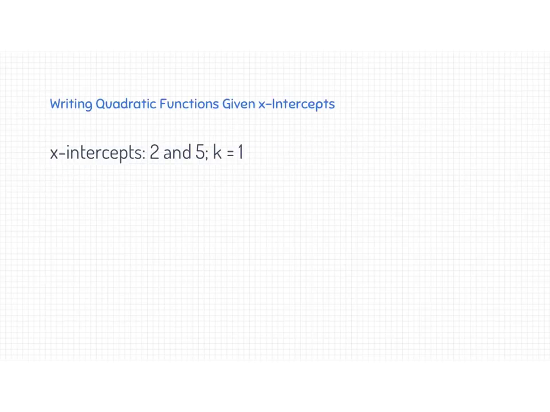Now we want to write quadratic functions given x-intercepts. Our formula for this is y equals k, times x minus a, times x minus b.